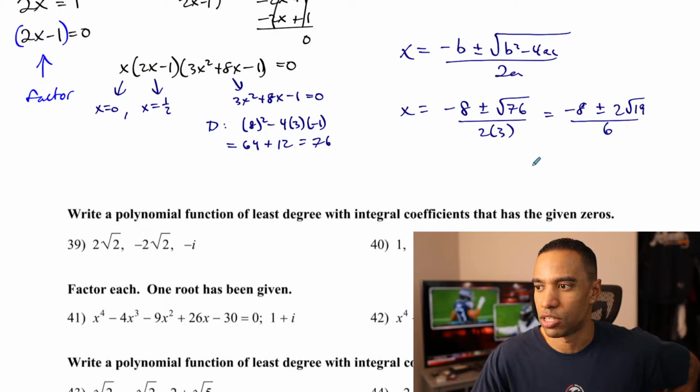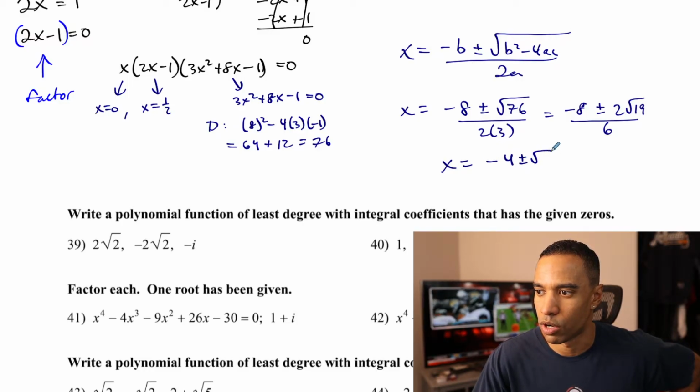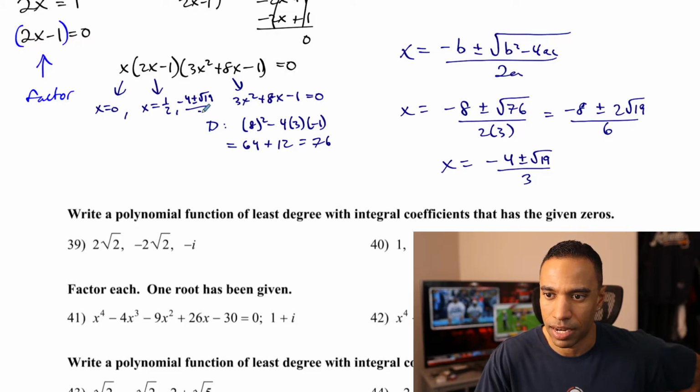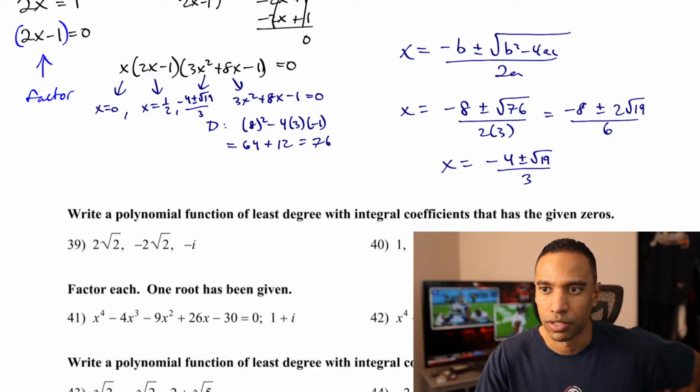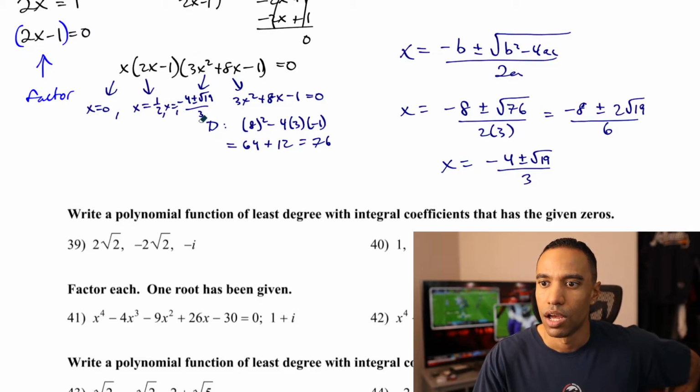These can all divide by 2 here, so this will be x equals negative 4 plus or minus root 19 all over 3. So those are two different answers right there. Negative 4 plus root 19 over 3, negative 4 minus root 19 over 3. And those are the other answers. So x equals like that.